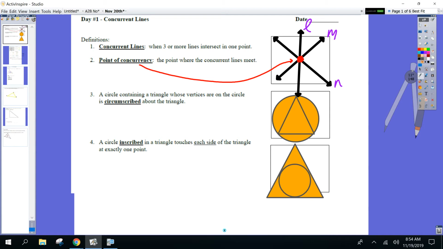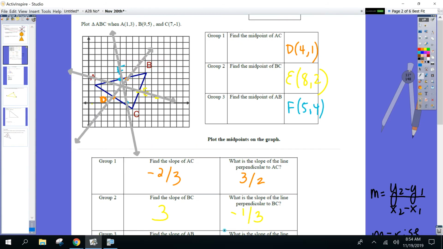Everyone right now, take your compass, go back to your graph, put your compass point on the circumcenter. Put your pencil point on one of the vertices. Start drawing around and see what happens. That's the point where you put your compass to draw the circle around it, is the circumcenter.